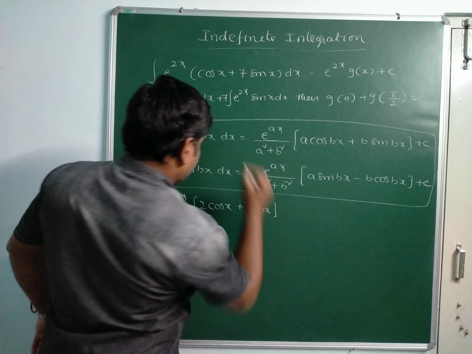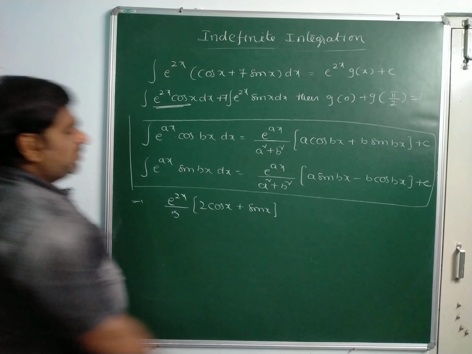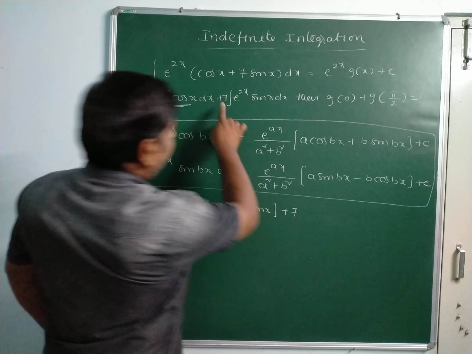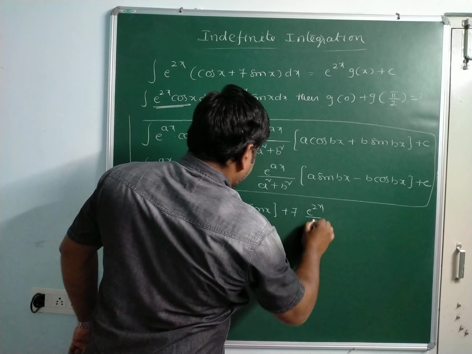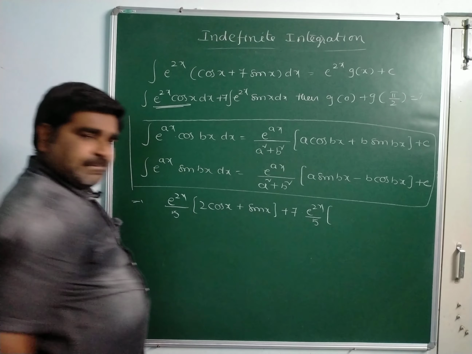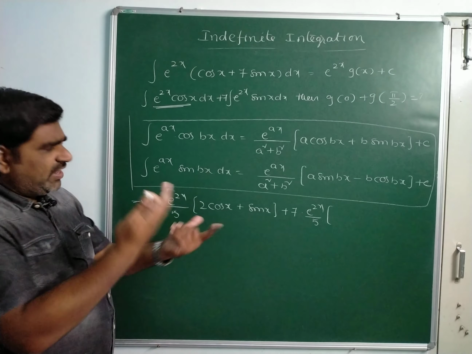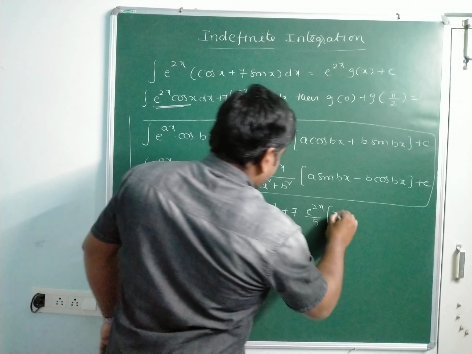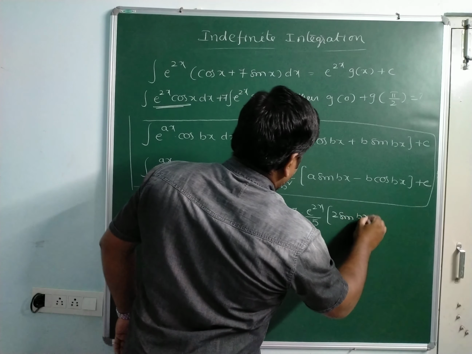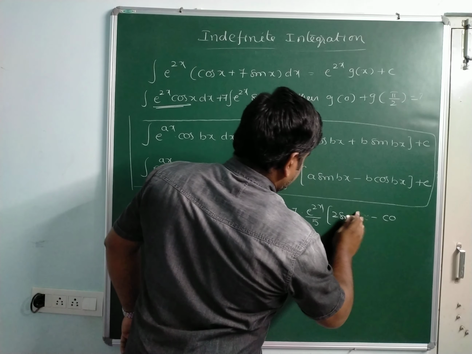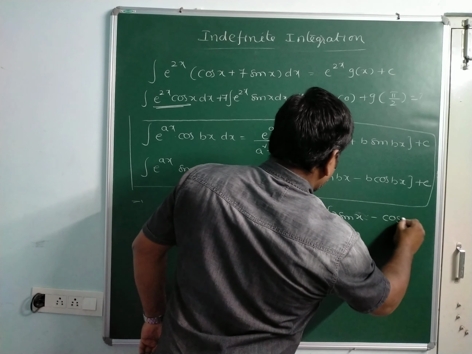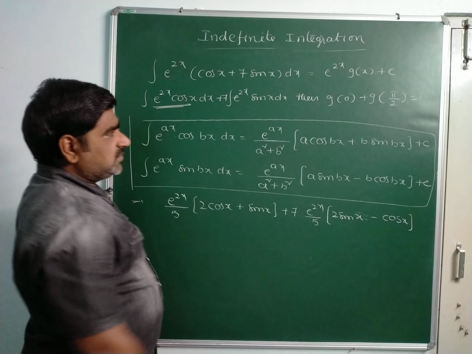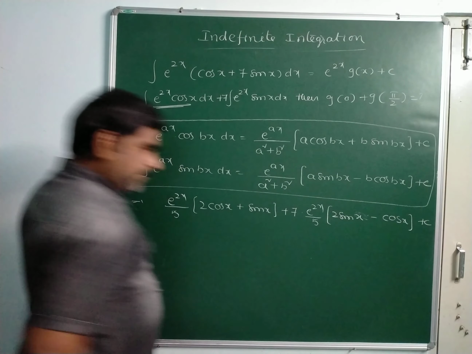Plus 7 times, applying the same formula here, e^(2x)/5, with a = 2 and b = 1, no change at all: (2 sin x − cos x) plus c.